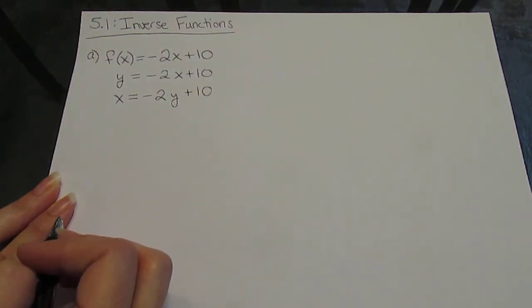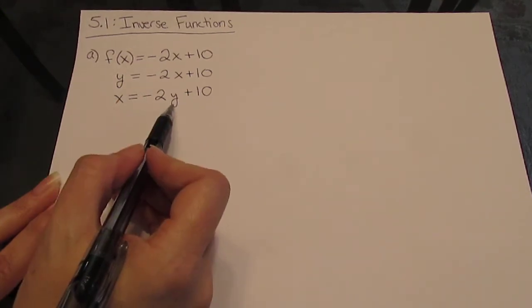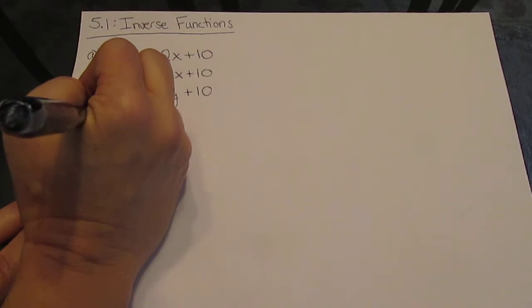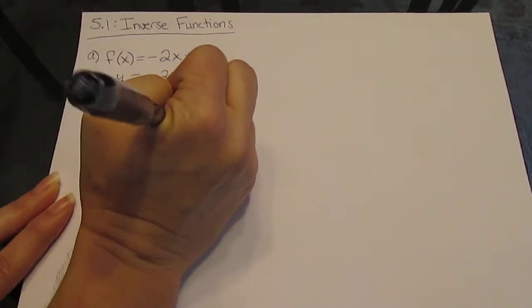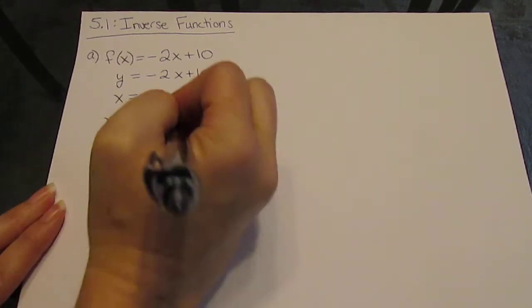So you might be given different types of equations, but we've learned how to solve different types of equations. So just solve for y. So I'm going to get y by itself here. I'll subtract the 10, and then divide by -2.